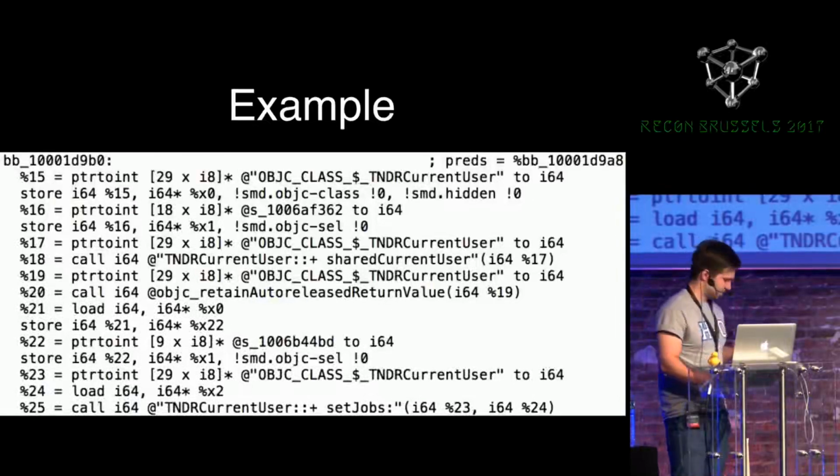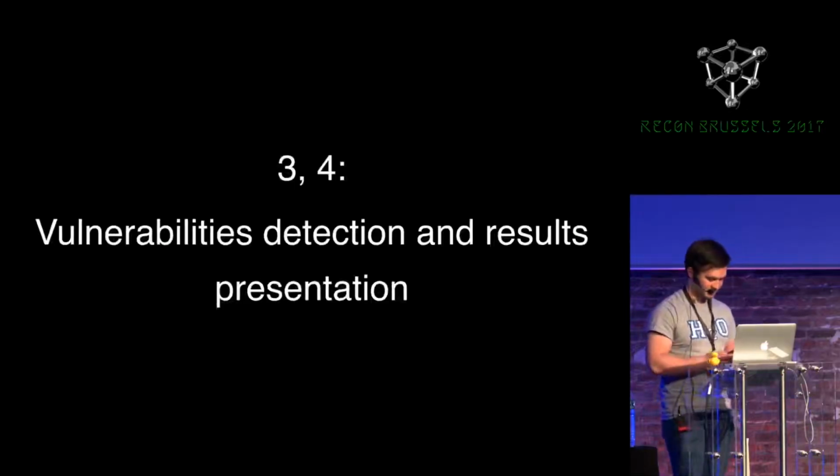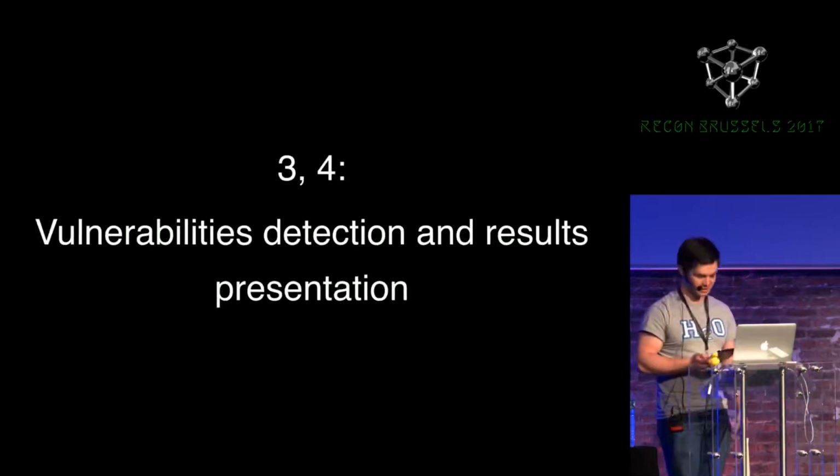As you can see, we recovered names of called functions and precise argument types. And finally, this slide contains the control flow graph of the recovered function. So this is how binary recovery and translation is done by our translation tool.